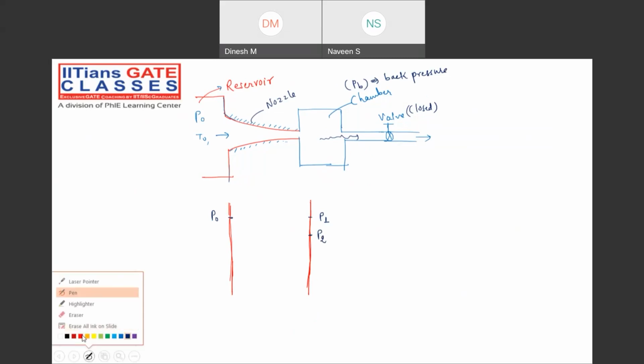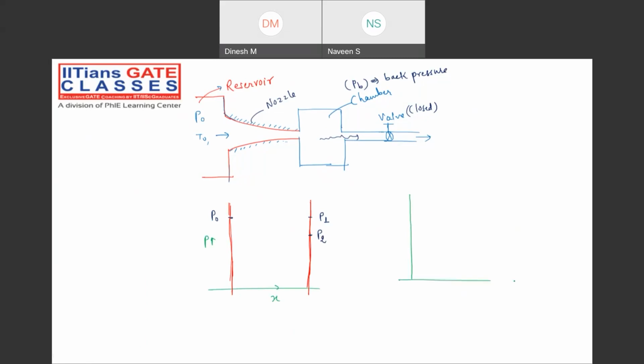Now I'm drawing two graphs. X is something like this, and this is the pressure. Here I'm drawing the mass flow rate through this particular nozzle, as well as PB divided by P0. That means how much back pressure I'm maintaining at the exit of the nozzle.